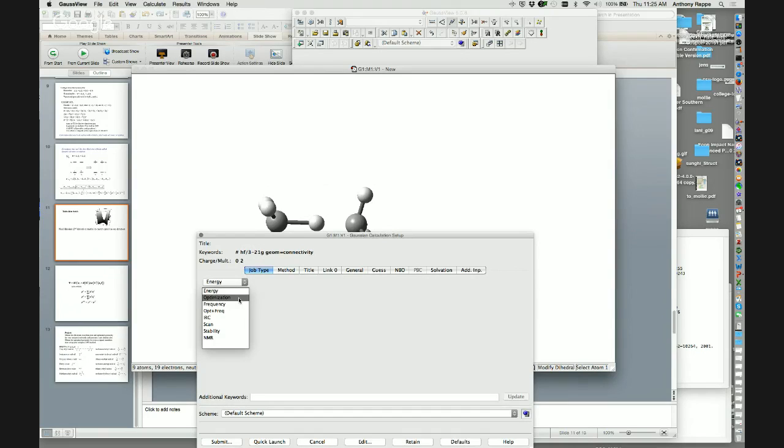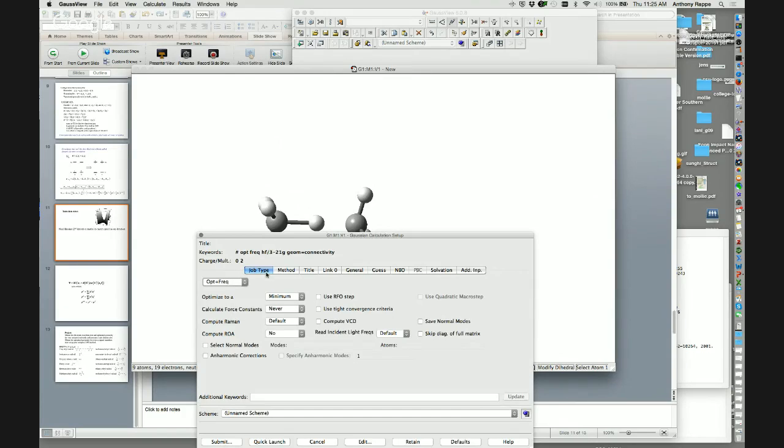Okay, we're going to do an opt. We're not going to optimize to a minimum. We're going to optimize to a transition state. We're going to calculate the second derivatives always, because without second derivative information, there's no way to know how to get to that point that you're going to just tend to roll down to the ground state.